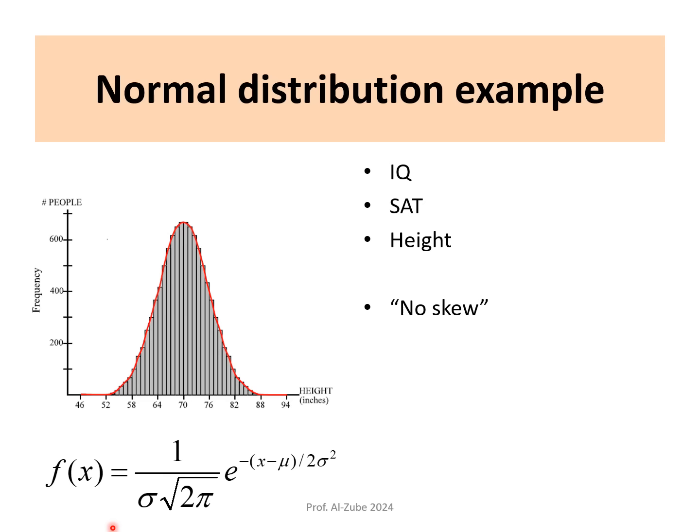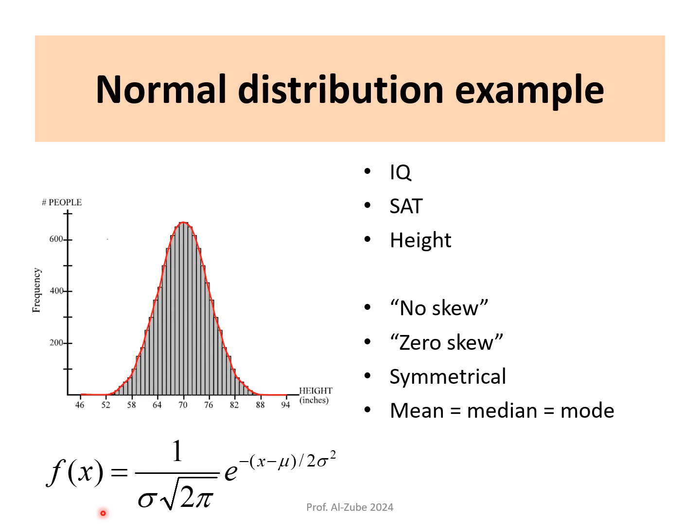We don't have skewness, so we don't have any tilting toward the right or the left of the mean value. We can call it zero skew, symmetric, and the mean, the median and the mode are the same value here. So that's an important statistical distribution that we see repeating itself over and over in nature.